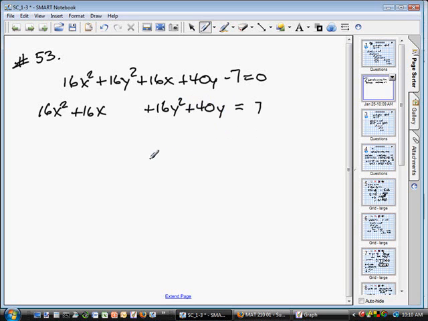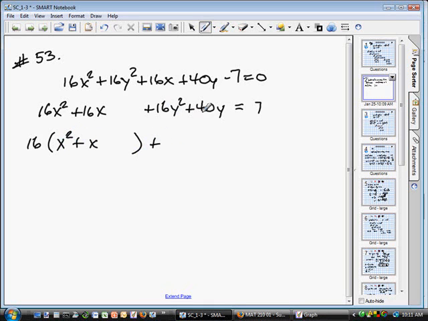Okay, as I want to complete the square on these two, I should have left more space here. I need to factor out a 16, because you cannot complete the square unless you have a 1 sitting on the x squared. So, 16 times the quantity x squared plus x, leaving space for the third term.